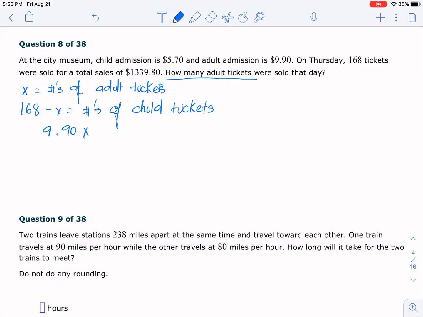So that's the price for adult, and the price for child is 5.70, and you multiply by 168 minus x. We add them up, it should be the total sale, which is 1,339.80. And then from here, we just solve for x.